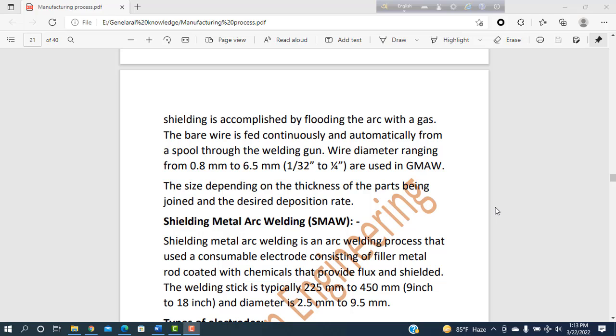Wire diameters ranging from 0.8 mm to 6.5 mm, or 1/32 inch to 1/4 inch, are used in GMAW. The size depends on the thickness of the parts being joined and the desired deposition rate.